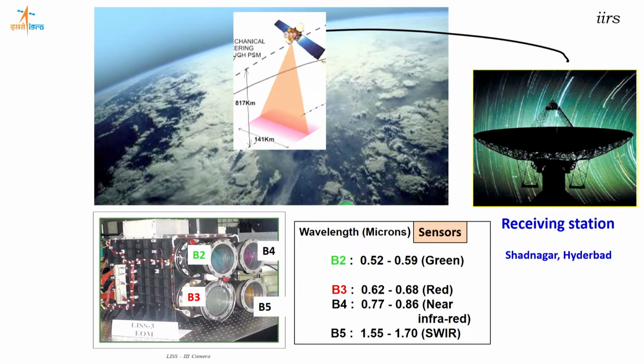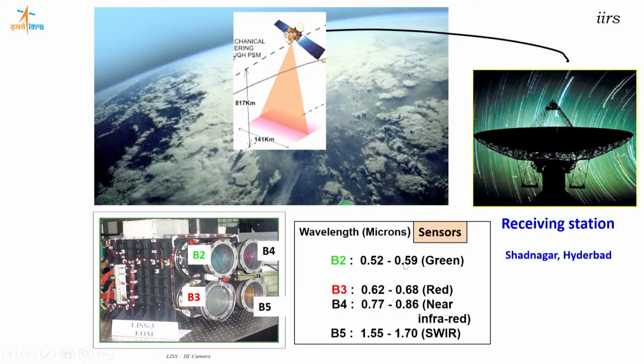Simply, this slide shows how a remote sensing satellite captures data. This is the Resourcesat satellite, which has 4 cameras named B2, B3, B4, B5. B2 collects the reflectance in the wavelength region 0.52 to 0.59 micrometer.